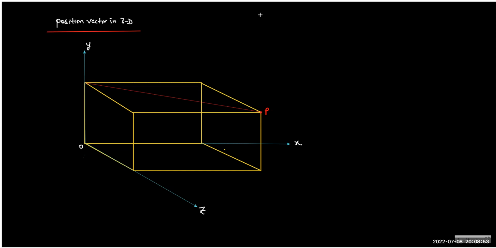Now, if I want to drop a perpendicular from the point P to the x-axis, how will it look? I know you won't believe me. The green line is perpendicular from point P to the x-axis. Yeah, it doesn't look like it, I can understand. And what about the z-axis?